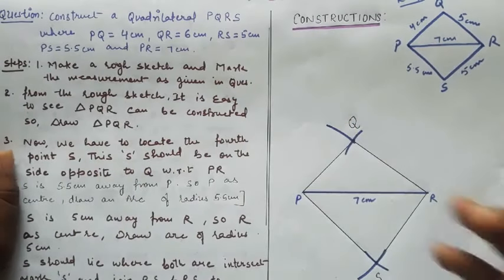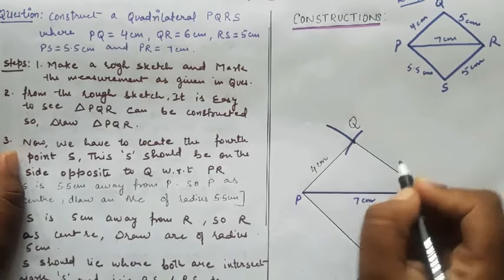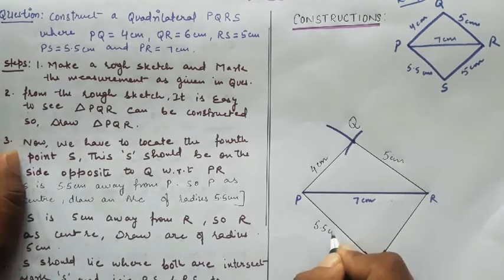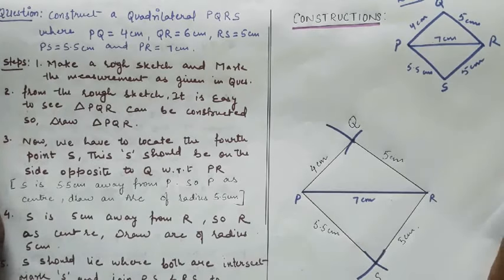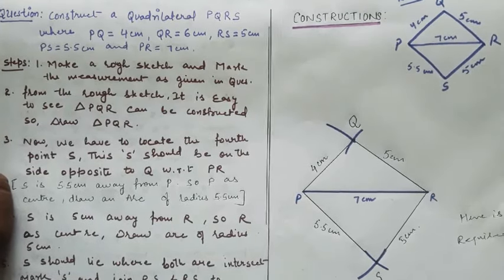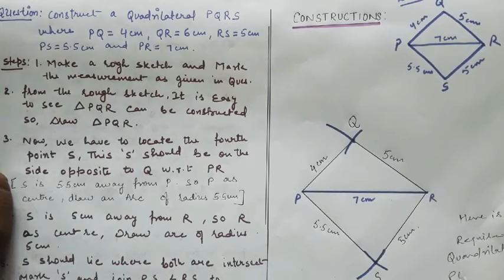You have to write here also, this is PQ is 4 centimeter, this is 5 centimeter, this is 5.5 centimeter, and this is 5 centimeter. So here is our required quadrilateral PQRS.